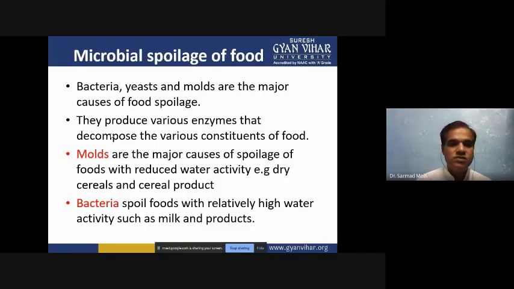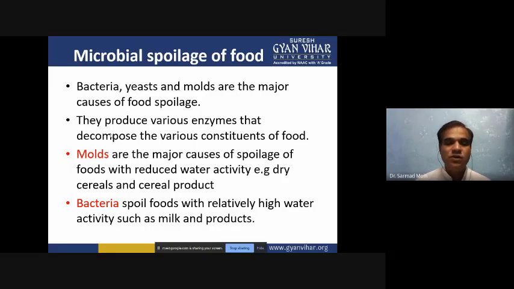Molds are a major cause of food spoilage, and they grow at reduced water activity, in dry cereals and dry products. Even if cereals and cereal products have water in a limited amount, molds can utilize those cereals and their products and spoil the food.